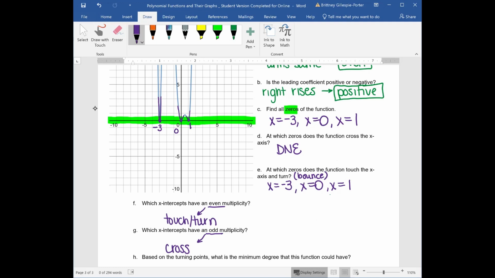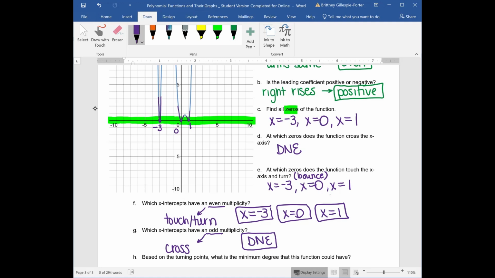So since all of ours touch and turn, all of them are going to have even multiplicity. So x equal to -3, x equal to 0, and x equal to 1 all have even multiplicity. And because we did not have any x-intercepts that had an odd multiplicity, we're going to say D and E does not exist.